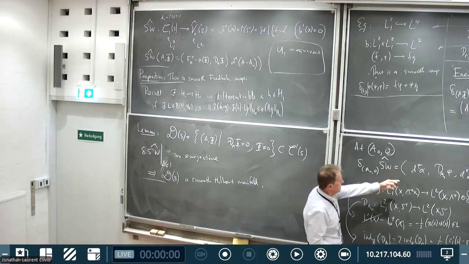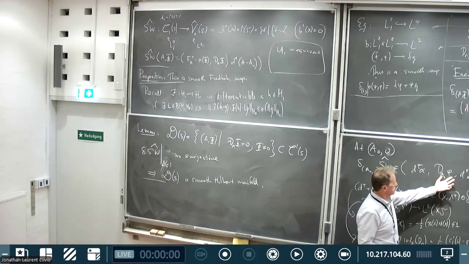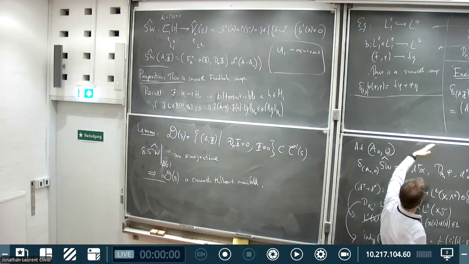That takes a little bit of work, but we just need to compute the differential.